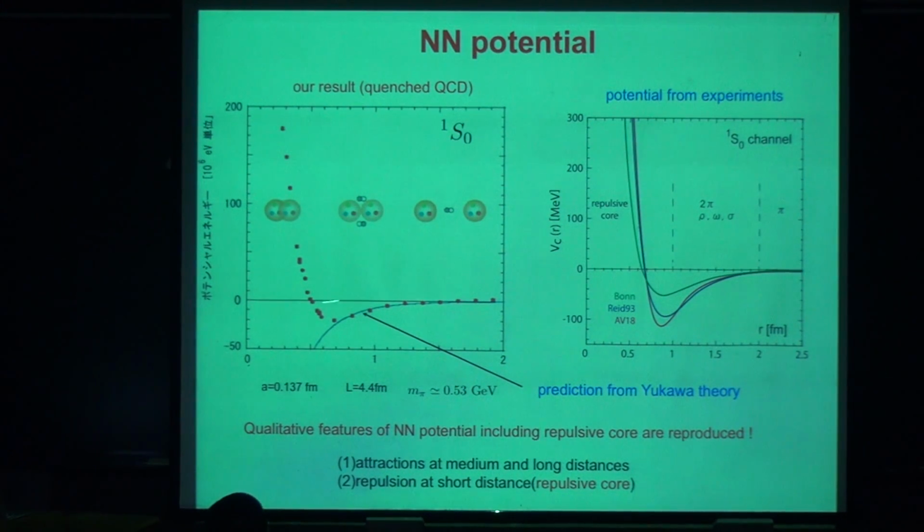As you can see from these figures, the qualitative features of the NN potential, including the repulsive core, can be reproduced from the lattice QCD calculation. This is our first result. In this case it's the spin singlet potential, but a similar potential has been obtained for spin triplets.